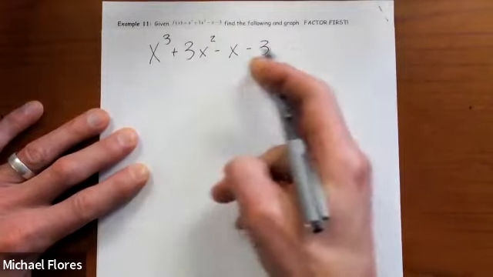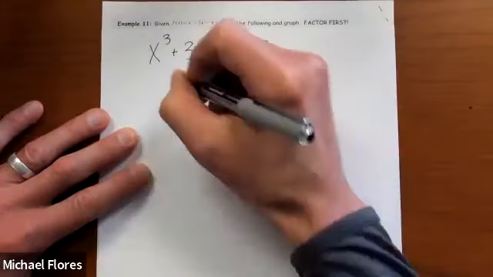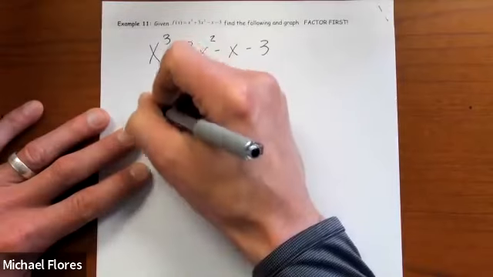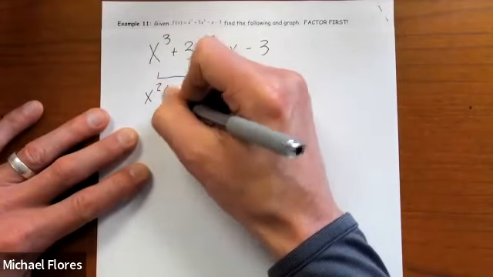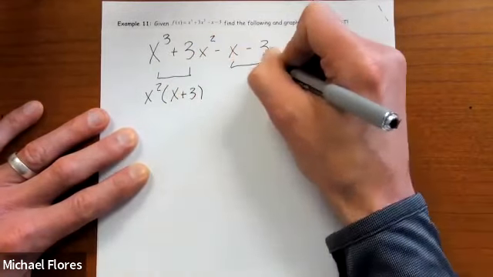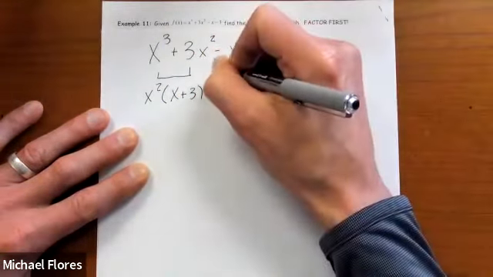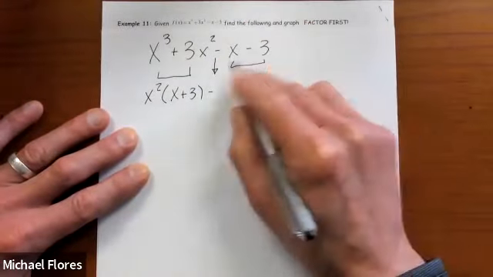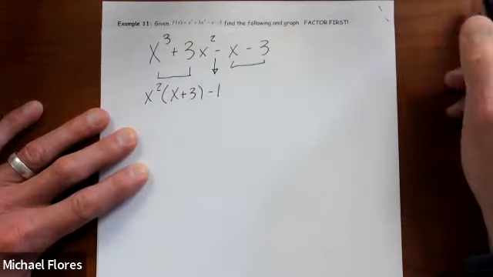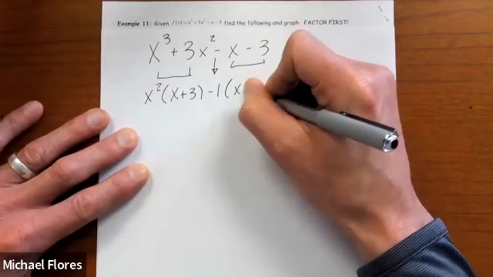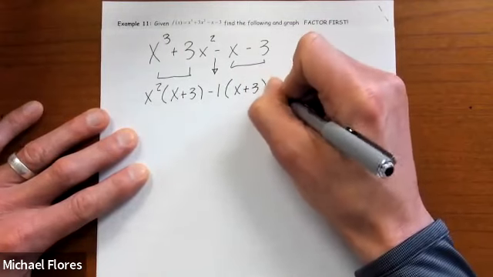Okay, we have 1, 2, 3, 4 terms. Usually, that's a hint that they want you to factor by grouping. Out of this group, we could factor out an x squared, leaving us with x plus 3. Here, we would want to take note first, we're separated by a minus sign, so we'll include that. The only thing that we could factor out would be a 1, or -1 more accurately, and that would leave us with x plus 3.